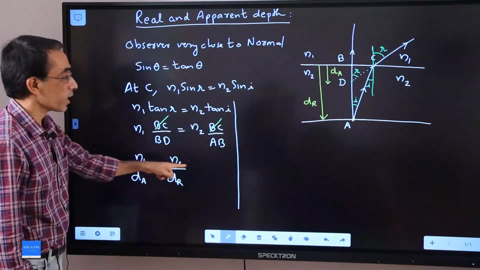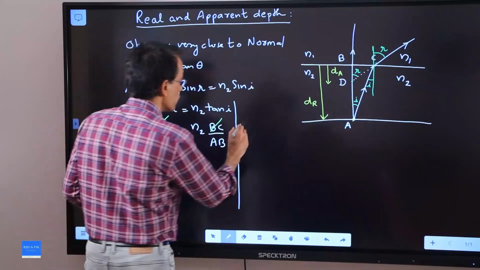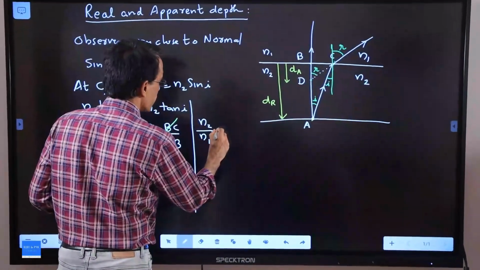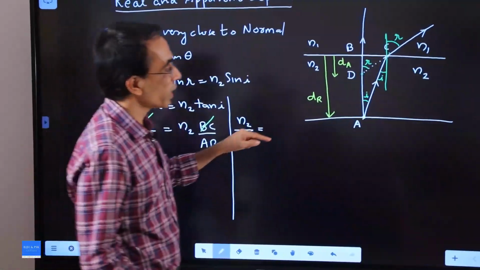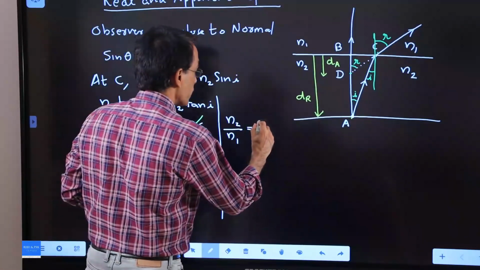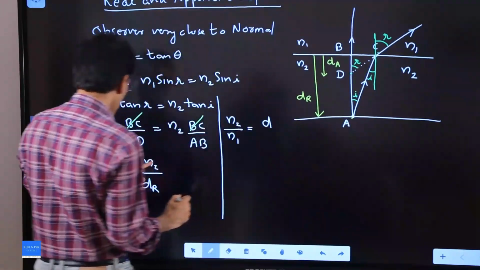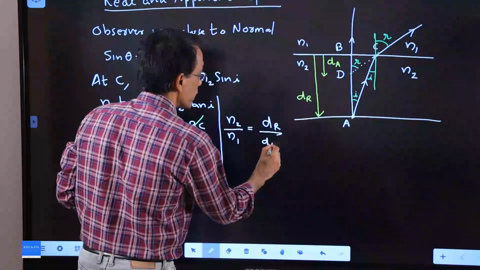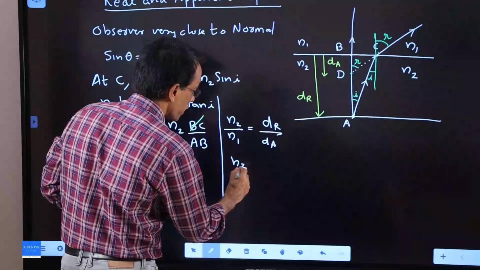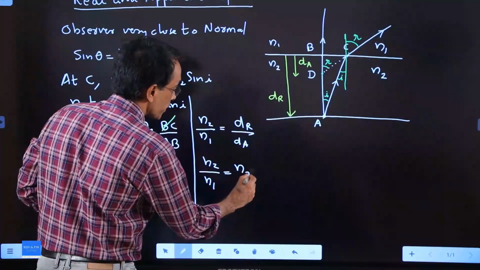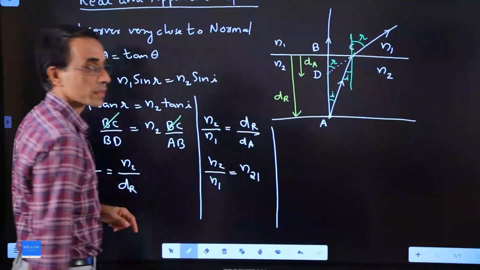Here you have n1 and n2. What is n2 by n1? n2 by n1 is the refractive index of this medium with respect to air. n2 by n1 equals d real divided by d apparent. But we also know that n2 by n1 is the refractive index of the second medium with respect to the first medium.